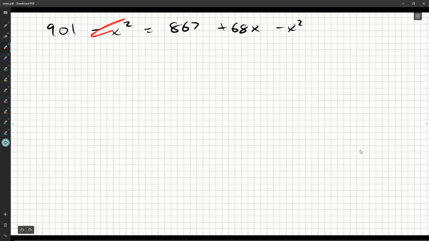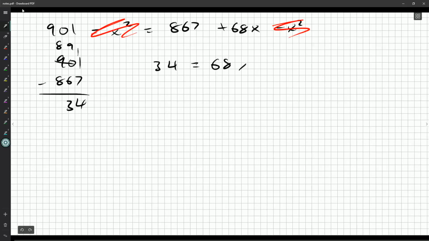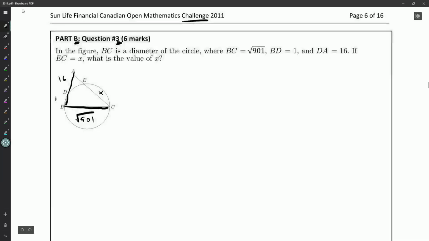So the minus x squareds can cancel. Bring the 867 over to the other side. So 901 minus 867 is a 4, and then a 3. So 34. So 34 is 68x. So x is 1/2.